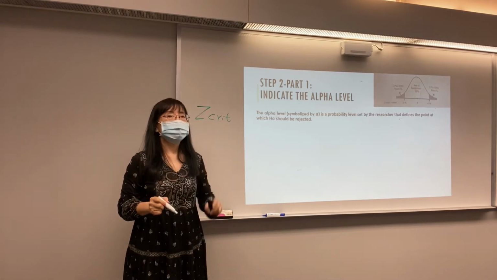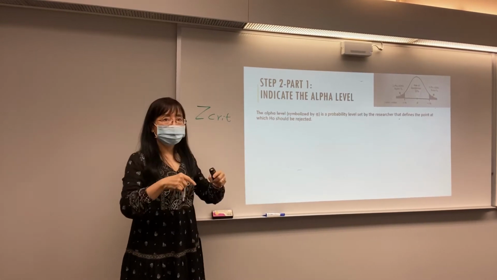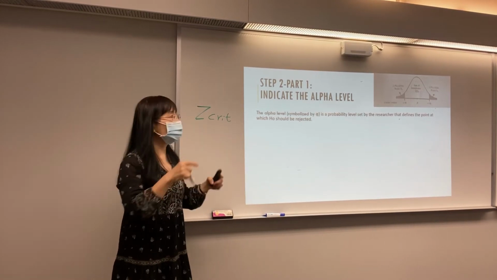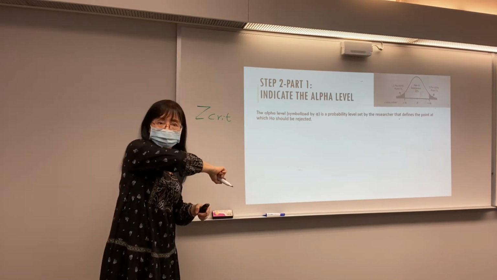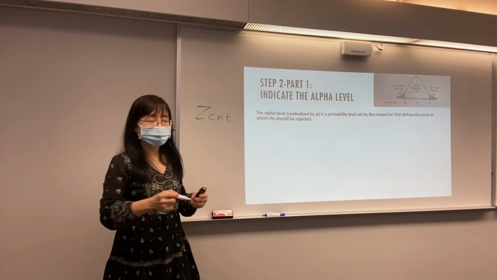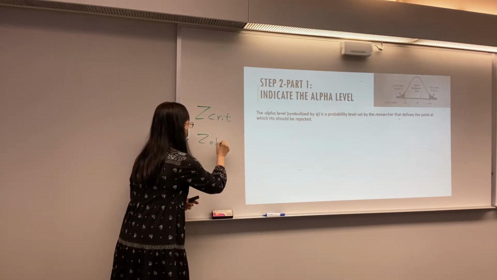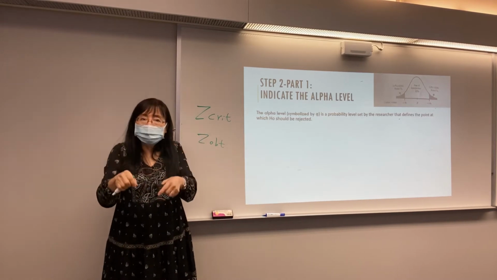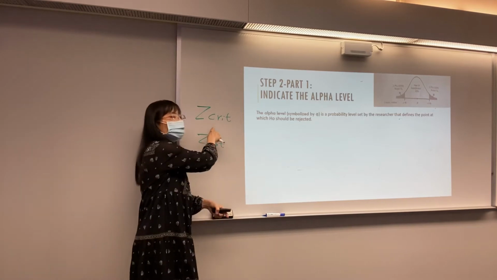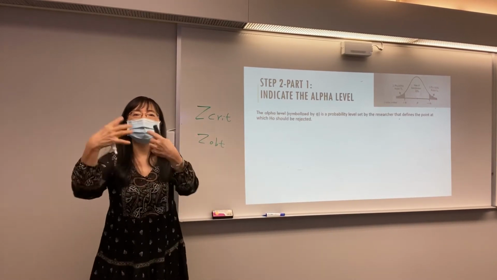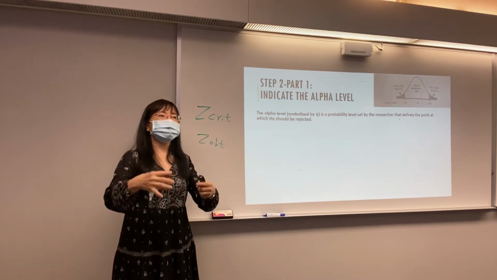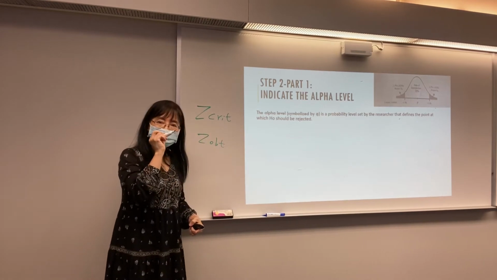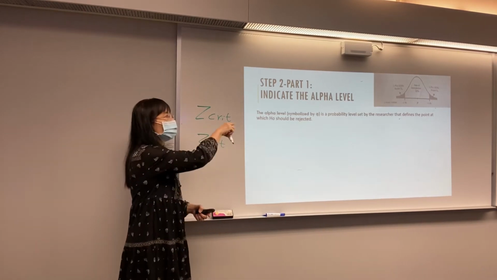In step 2, you are going to find the z-score, and it's called z critical. And then in the next step, you are going to calculate, and you will find the z obtained. If you find it from the table, we call it z critical. If you calculate it yourself, it's called z obtained. So you have two z-scores. Make sure when you are writing, you put z critical in step 2.